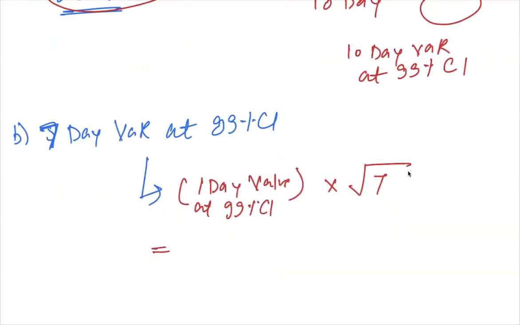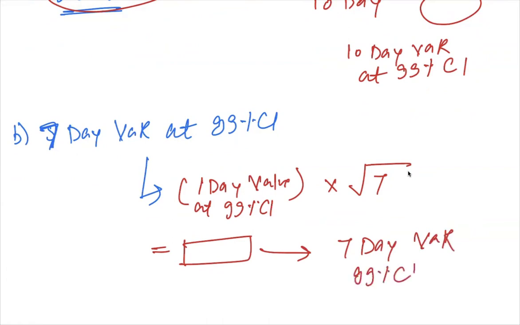Whatever number I get after multiplying with the square root of 7 is nothing but the 7-day value at risk at 99% confidence interval. I hope this concept is clear to all of you. Are there any other doubts which you have?